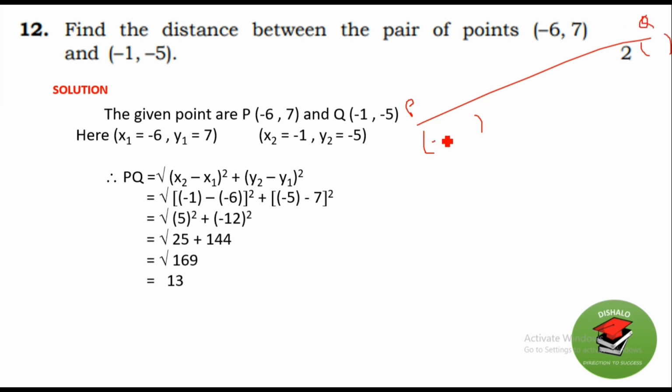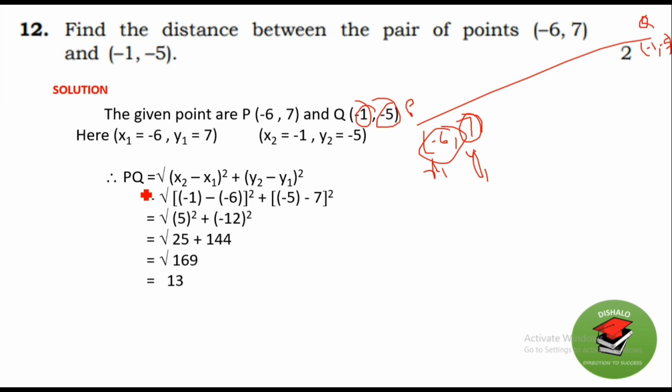P coordinate is -6, 7 and Q coordinate is -1, -5. So P coordinate is taken as x1, y1, and similarly Q coordinate is taken as x2, y2. So here x1 is how much? -6, y1 is 7, x2 is -1, y2 is -5.